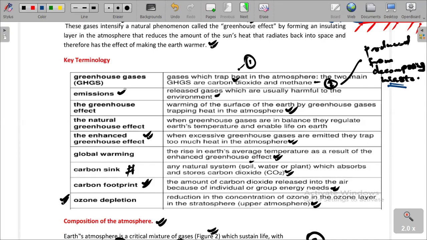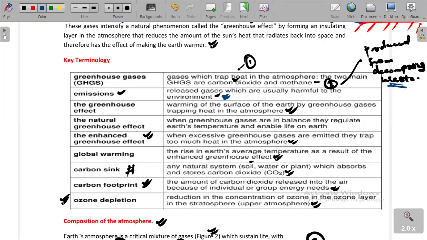We have emissions. Emissions refers to released gases which are usually harmful to the environment, which can be from industrial areas, from car exhaust, or locomotives.